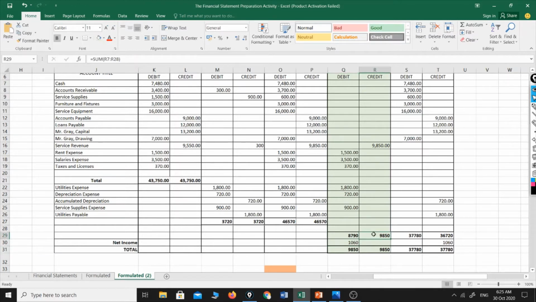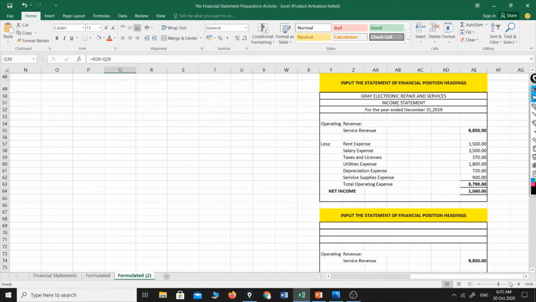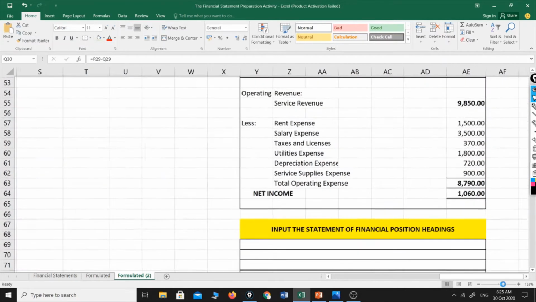Again, if the credit column of the income statement is higher compared to the debit column, the difference connotes that there is a net income amounting to 1,060. Okay? The net income in the worksheet should also be the net income on our financial statement, or income statement. So here.